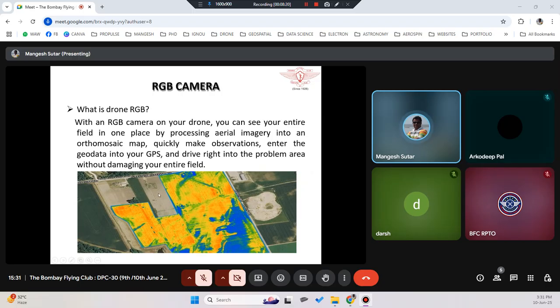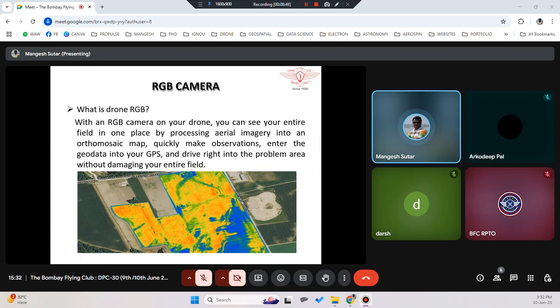A normal picture is not so helpful to understand, or will not give a perspective on whether a particular crop is in a good state or not. Immediately I will know where my field is getting damaged, or where it is getting more damage, or from where the damage started, when I generate an orthomosaic map using RGB cameras.